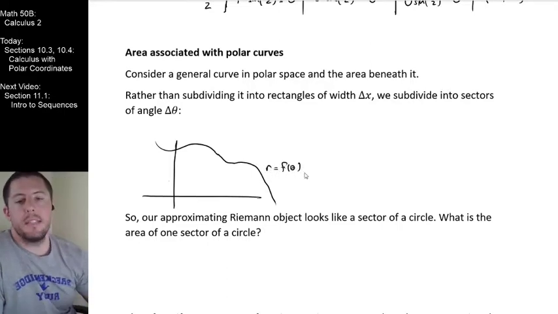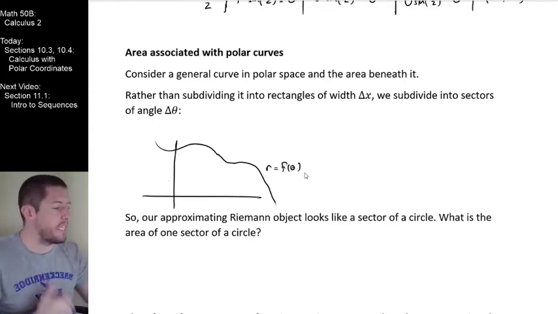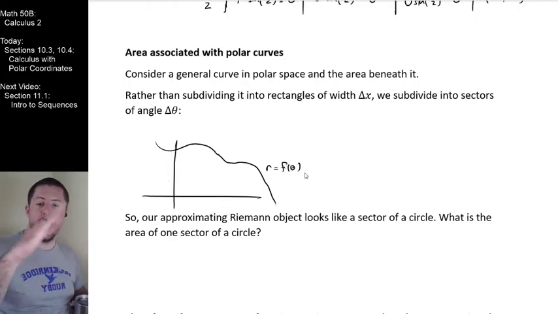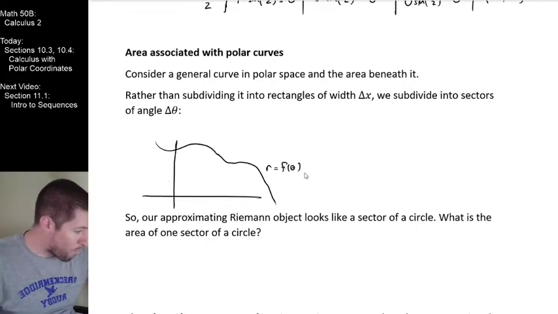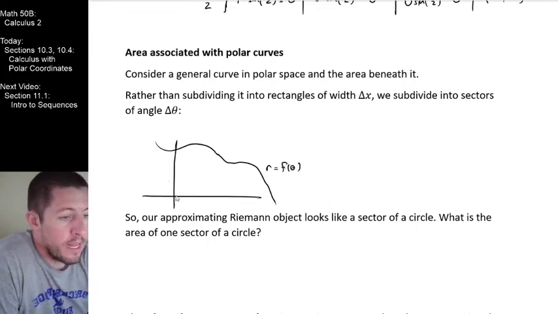Well, what seems to me is that I no longer want to build Riemann rectangles since I'm not measuring in a rectangular coordinate system. I'm now measuring in a coordinate system where we have radii sweeping out angles. So it might be more appropriate to subdivide, rather than into Riemann rectangles, into Riemann sectors.